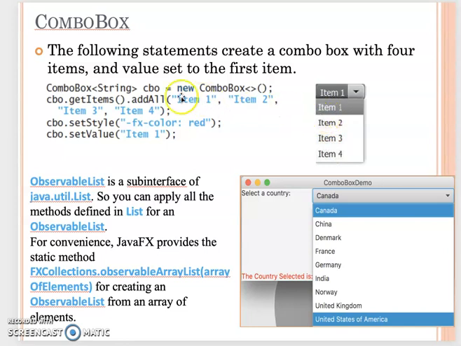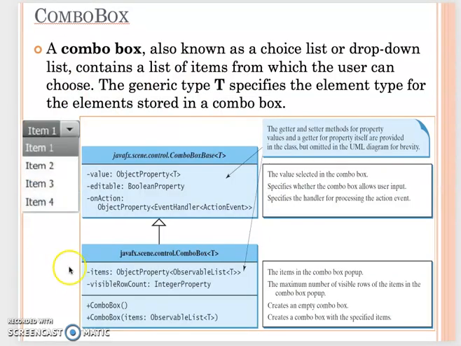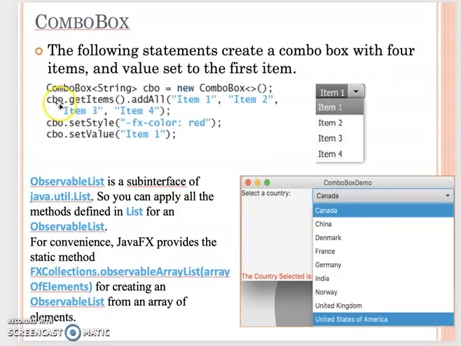Okay, good. Like earlier we said, do you remember we said we have items? This items is a private attribute in the ComboBox. That's an observable list. So you need to get items. When you call CBO.getItems, this method will return you an observable list.